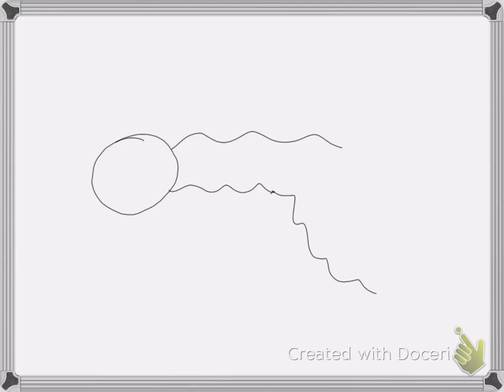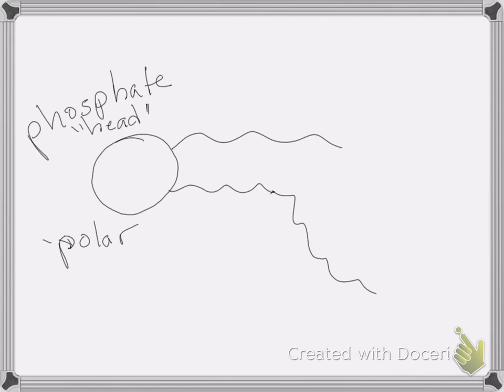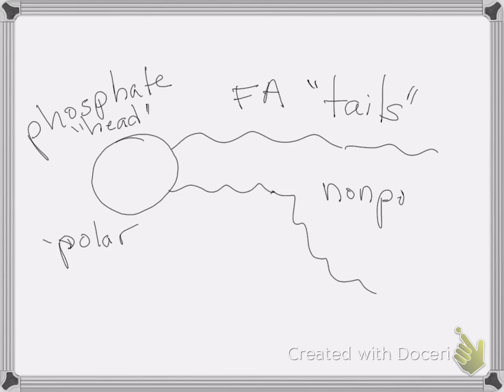One of my fatty acids is kinky and the other one is straight. The phosphate-containing part we call the phosphate head, and it's polar and therefore hydrophilic. And my fatty acids are my fatty acid tails, and of course, they are nonpolar.